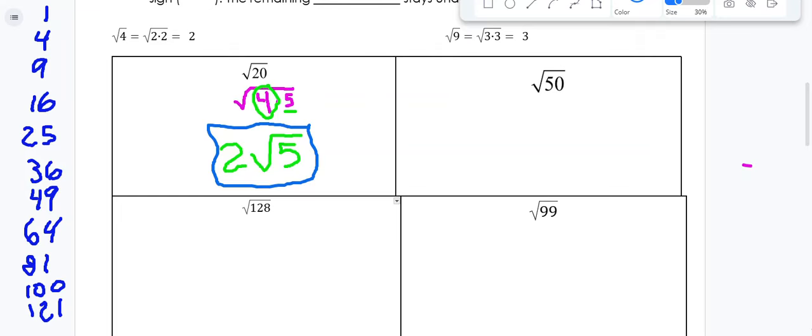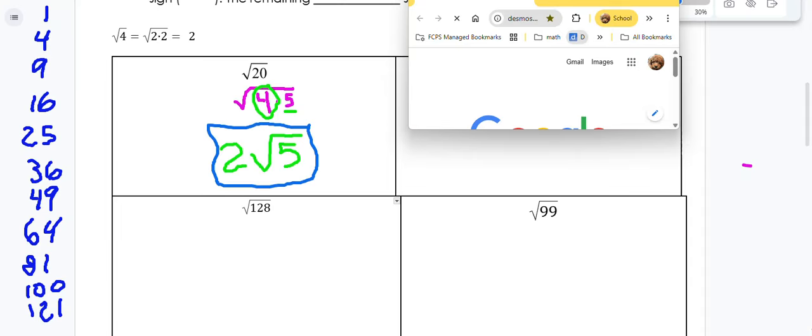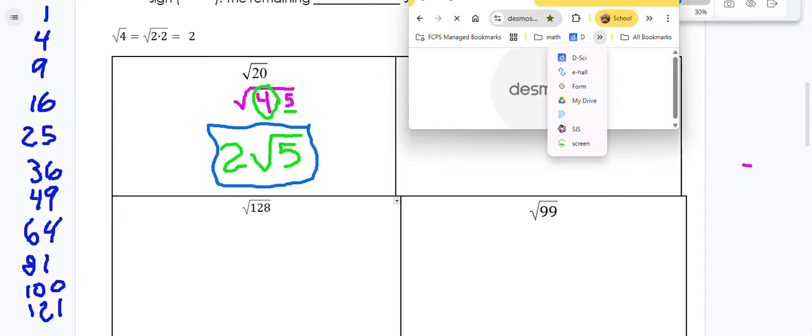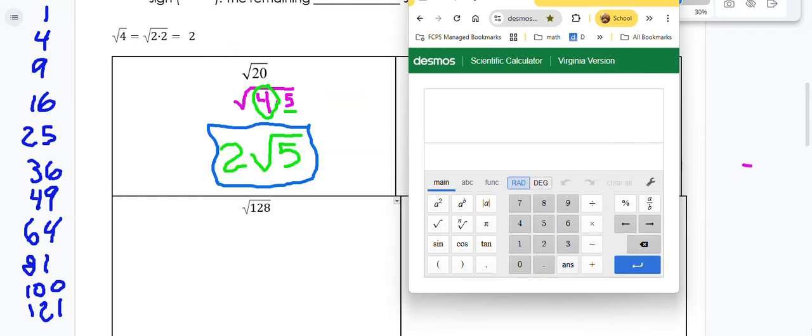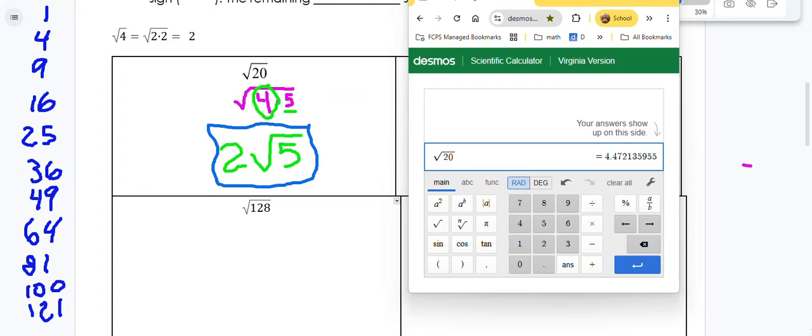The reason why we do this is because if I open up a calculator, Desmos, and I put in square root of 20, it gives me this big long decimal, right? All square roots that are not perfect squares will give you an irrational number.